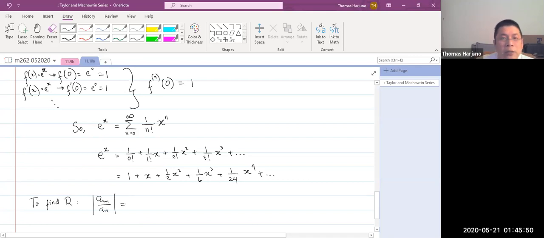That's the next term, x to the n plus 1 over n plus 1 factorial, times n factorial over x to the n, in absolute value, which equals absolute value of x over n plus 1, which goes to 0 as n goes to infinity.